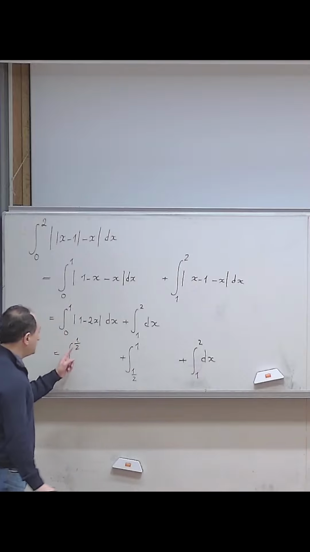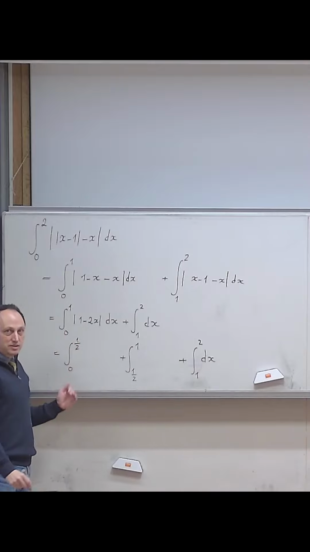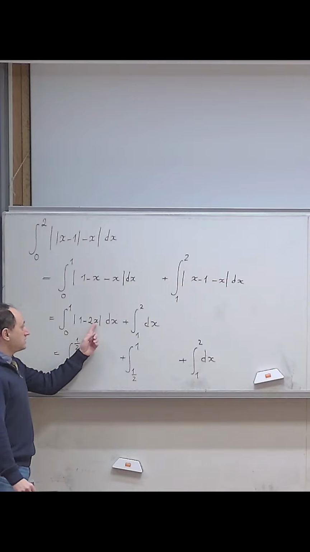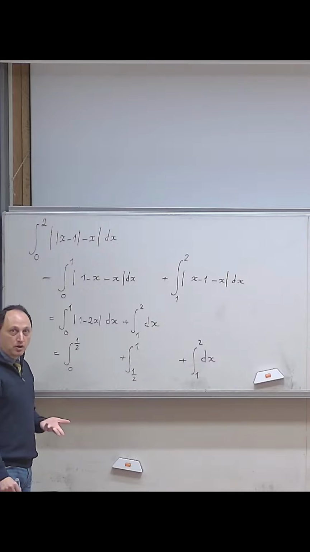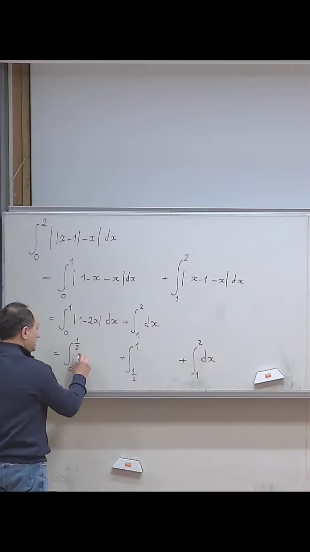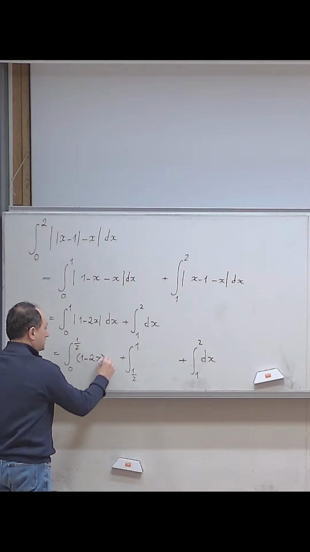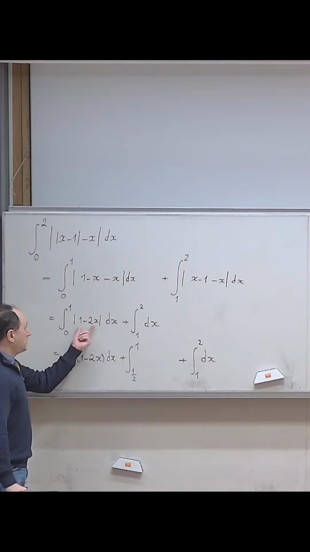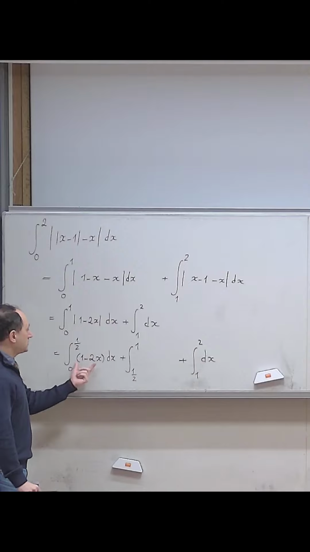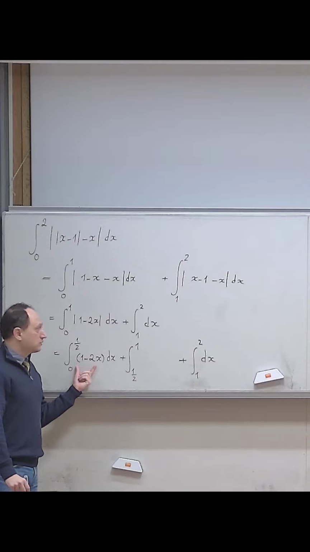Okay, from 0 to 1/2, x is less than 1/2. If x is less than 1/2, then 1 minus 2x is positive. So this becomes simply 1 minus 2x, because when I am sure that 1 minus 2x is positive, I can simply remove the absolute value sign.